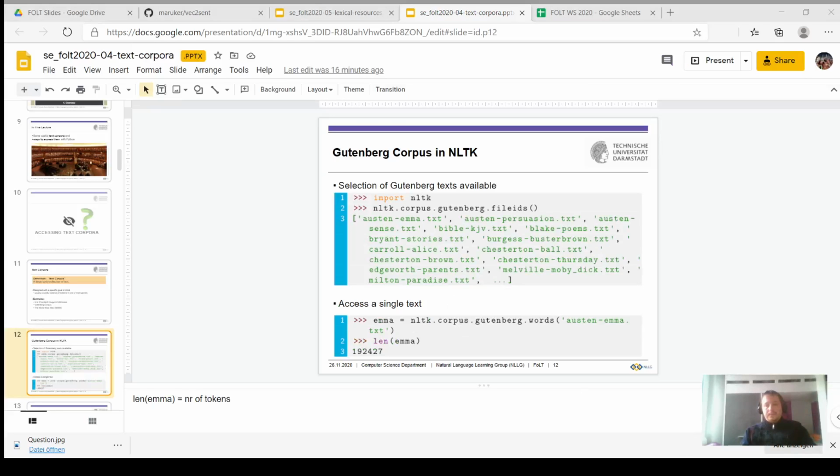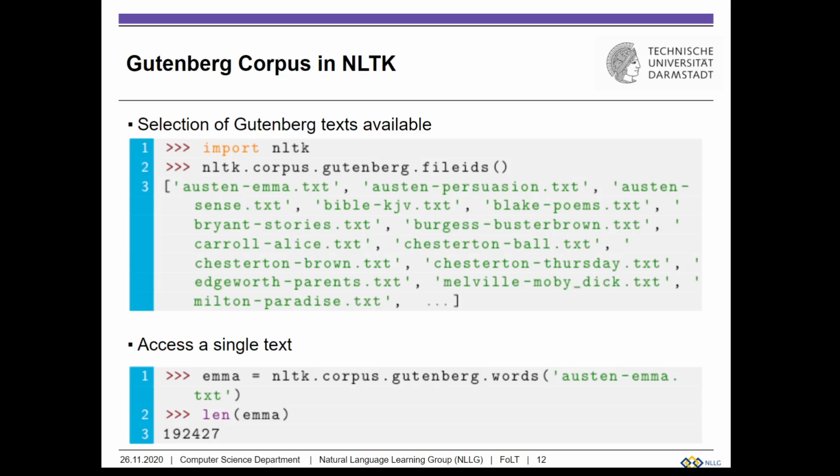How about processing corpora in NLTK? Let's do this a little bit interactively, because I would be lying if I said that I know all of the things that we see in the following slides.